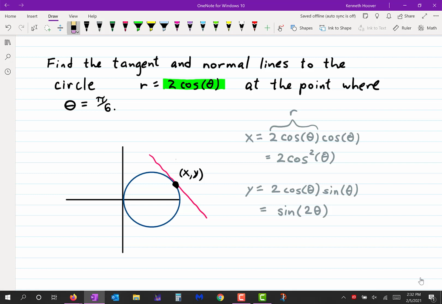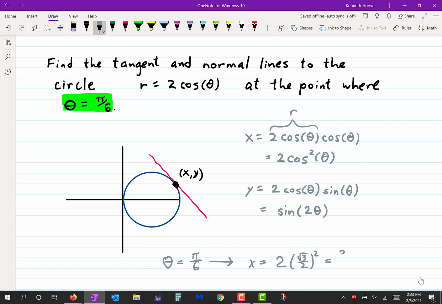Okay, so when theta is pi over 6, what point will we be at? That means that x will equal 2 cosine of pi over 6 squared. And what's that going to equal?